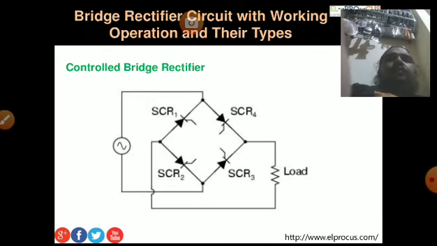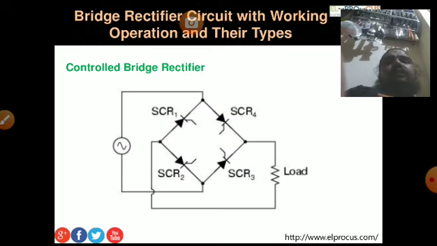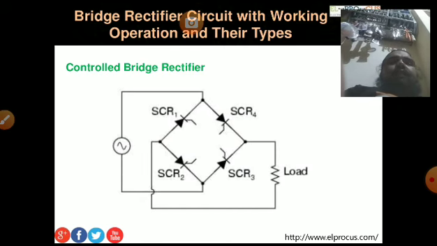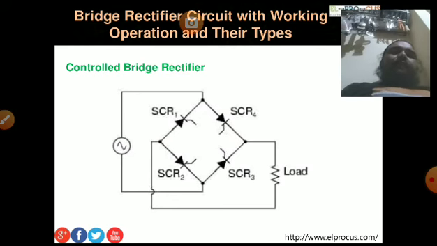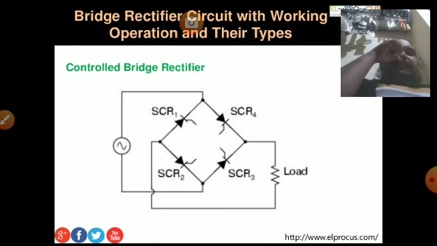In the controlled bridge rectifier, four SCRs are used. SCR means silicon controlled rectifier. There are four SCRs: SCR1, SCR2, SCR3, SCR4.